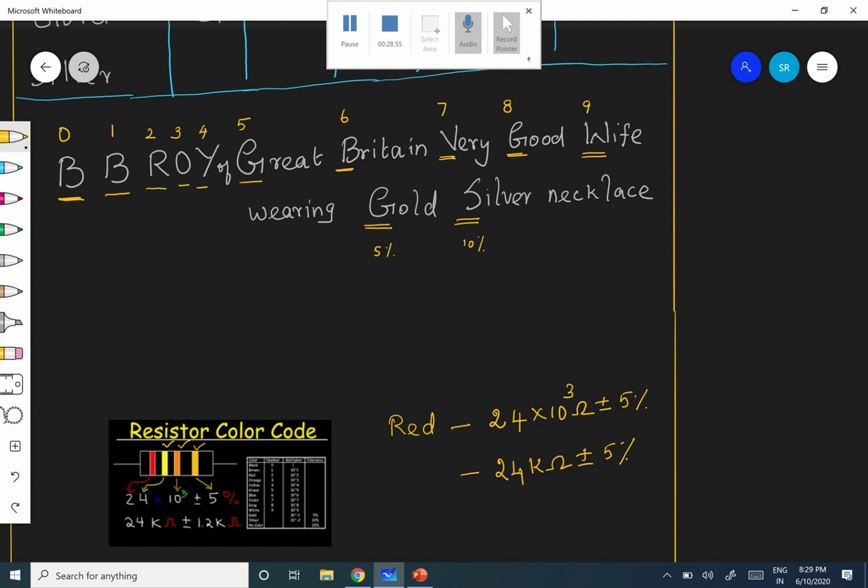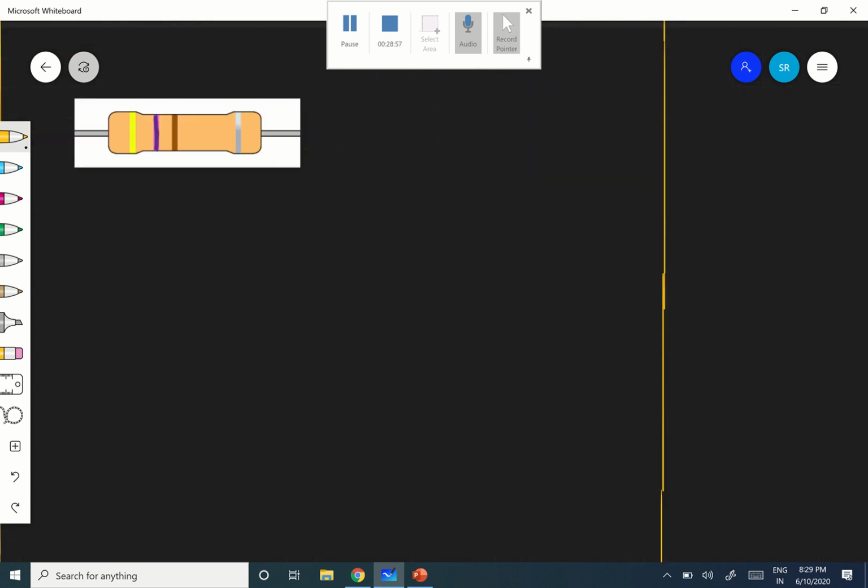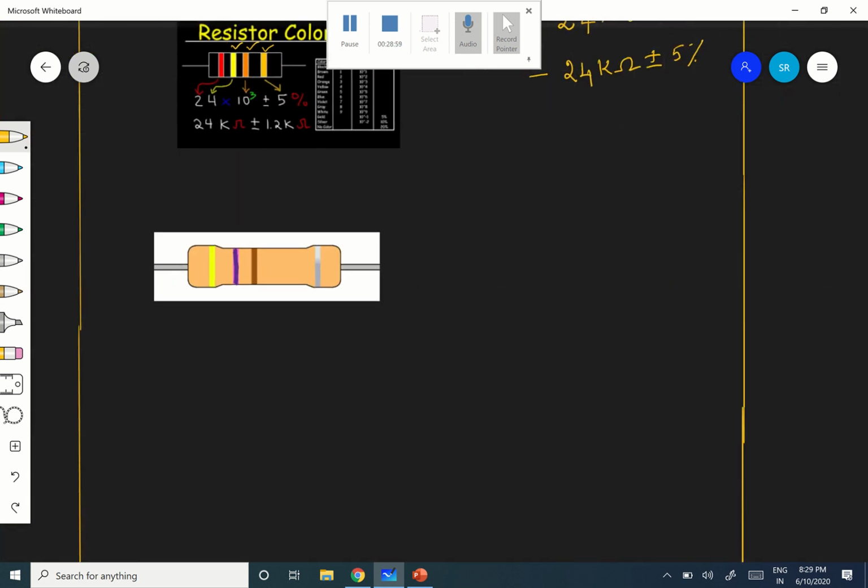Right, next one is, you see here, it is yellow, then violet. Tell me now, first one is yellow, for yellow it is 4, and here it is violet. What is violet? Violet is 7, right?